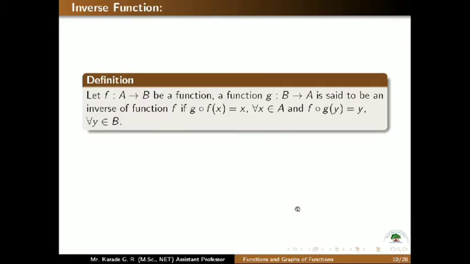Now see the definition of inverse function. Let f from set A to B be a function.